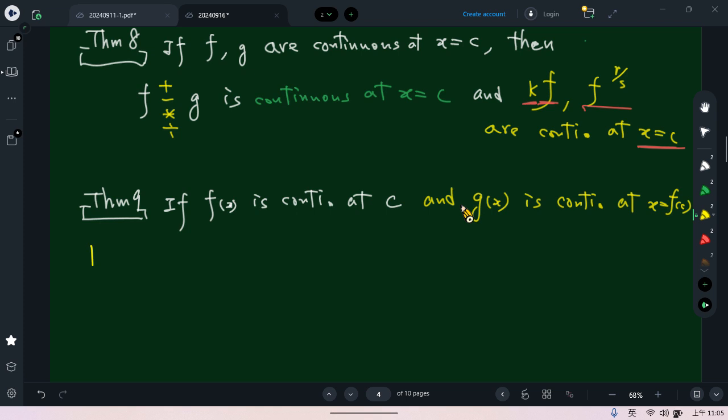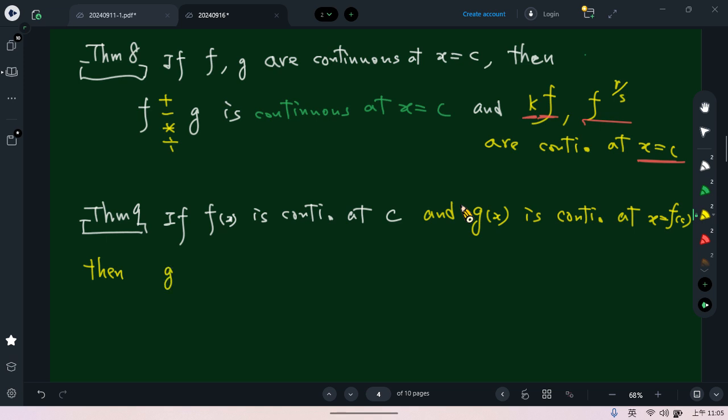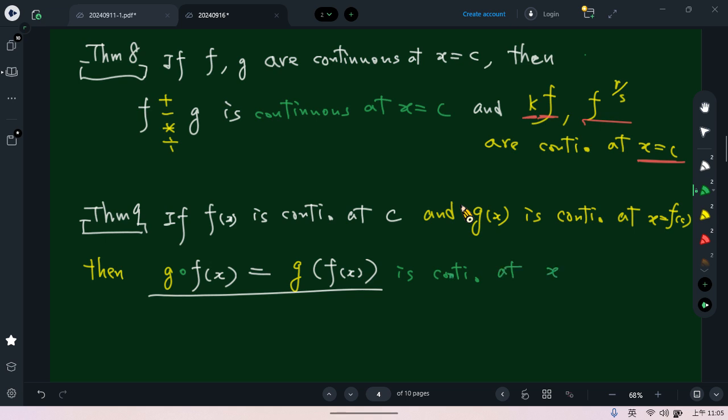Then we can say g composite f of x, that means g of f of x, I defined this before, right? We say it is still continuous at x equal to c.